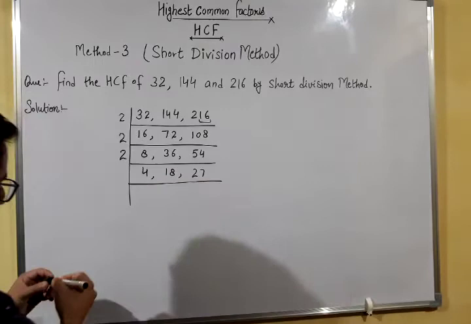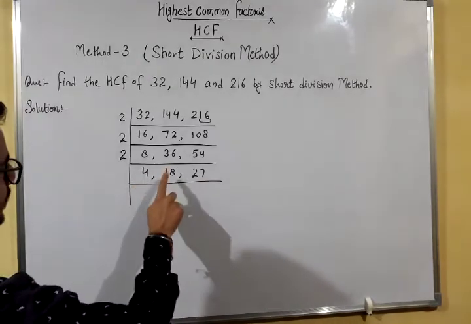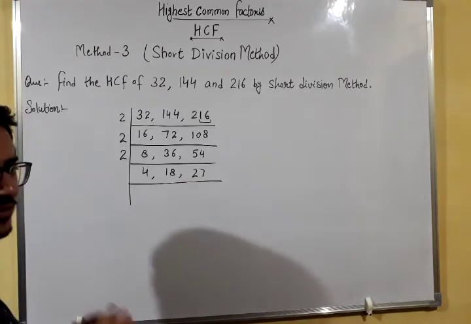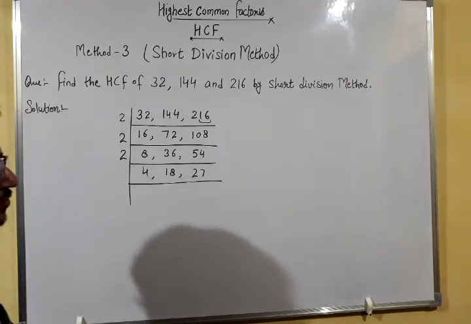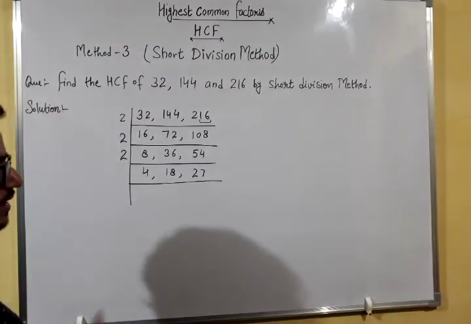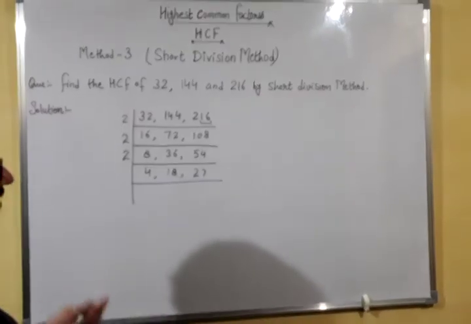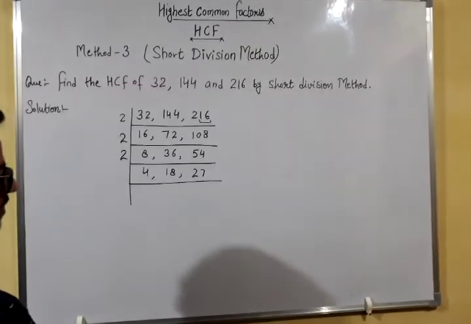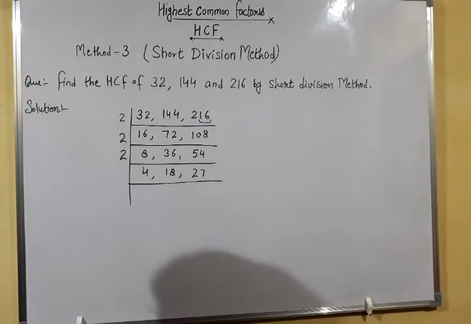Now 4 is divisible by 2, 18 is also divisible by 2, but 27 is not divisible by 2. So we cannot divide by 2 here. If we cannot divide it by 2, we will try for 3. By 3, 4 is not divisible, so we cannot divide it by 3.